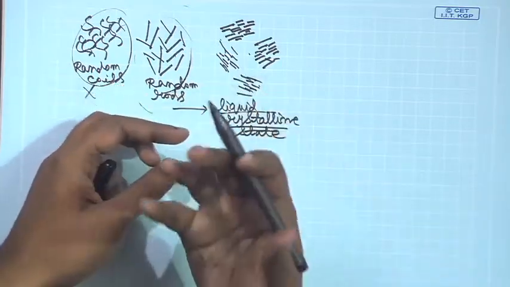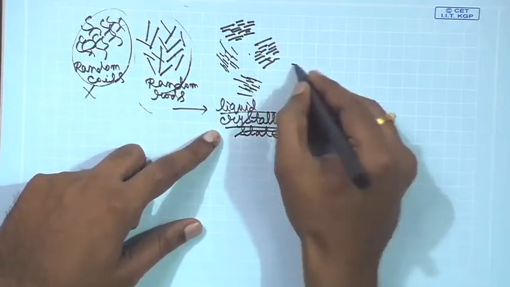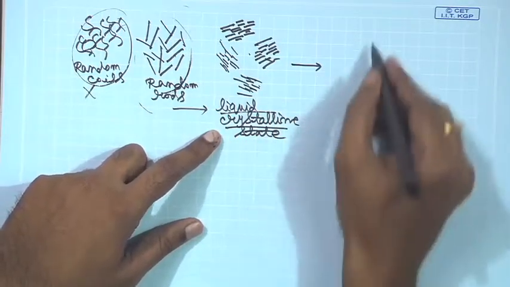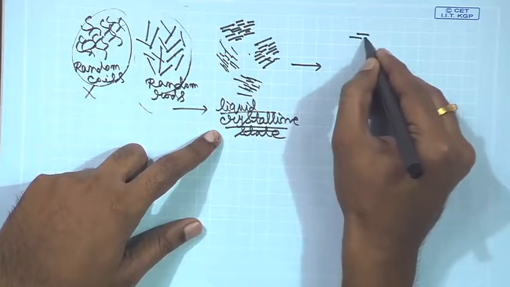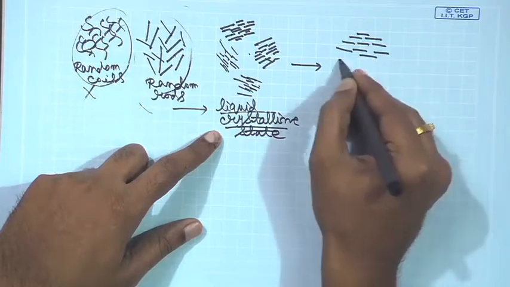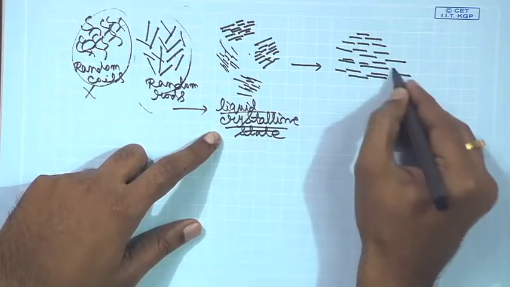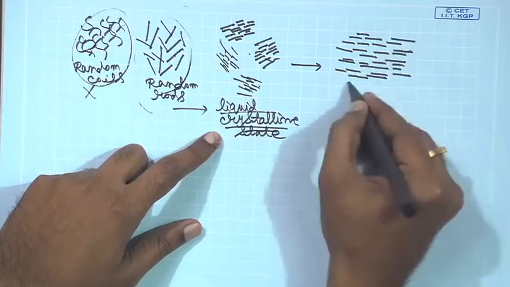So, that also provides a lot of stiffness to the material. As I already told before, the aromatic units provide rigidity. So, liquid crystalline state. If you increase the concentration further, then what you will have is this kind of system. You will have a long range order throughout the material. So, all these chains are oriented along a certain direction.